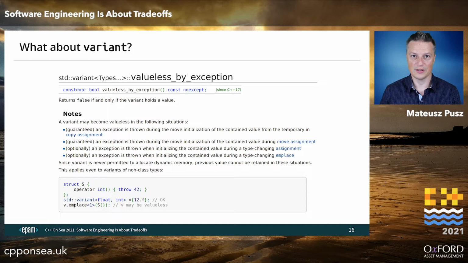Because you already destroyed A, so you cannot undo this operation. And B is not done. So basically, you end up with some invalid empty state that is out of the normal state diagram of variant, right? So this is an exceptional state, not a typical case of this utility.